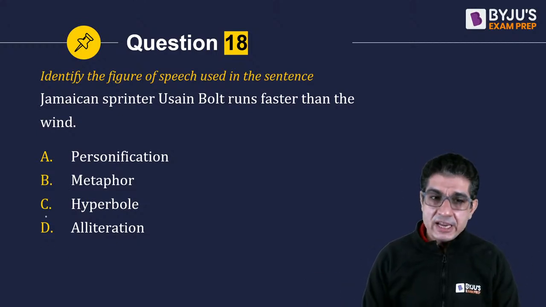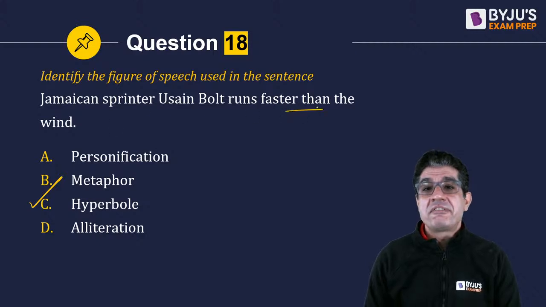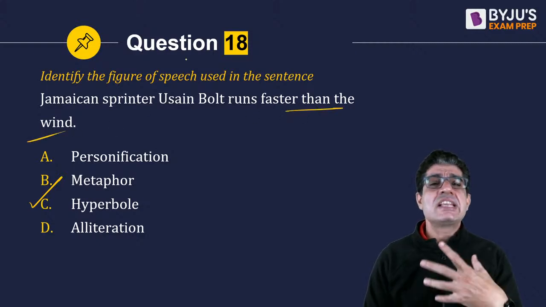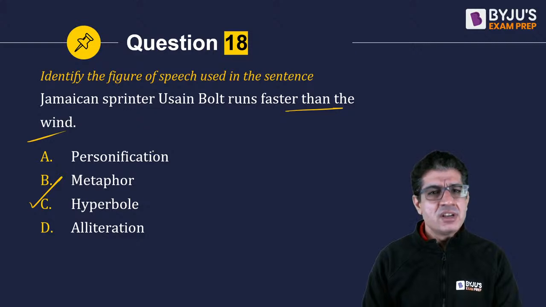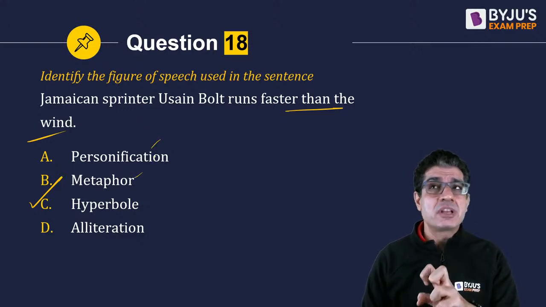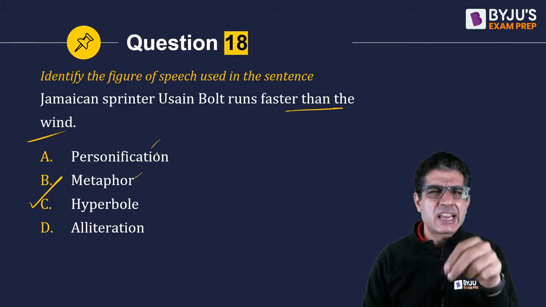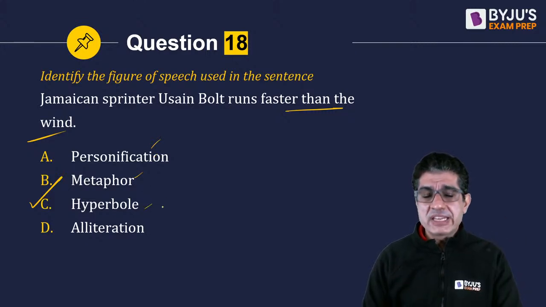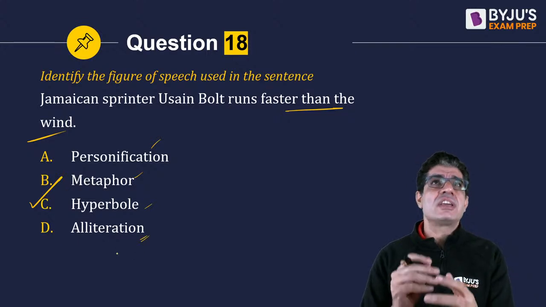Oh, yes, hyperbole because faster than the wind. Hyperbole is deliberate exaggeration. We talked about personification in the previous one. Metaphor is when you compare two dissimilar things without using terms like or as. Hyperbole is exaggeration.